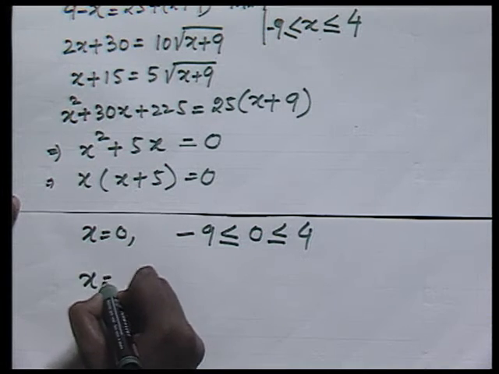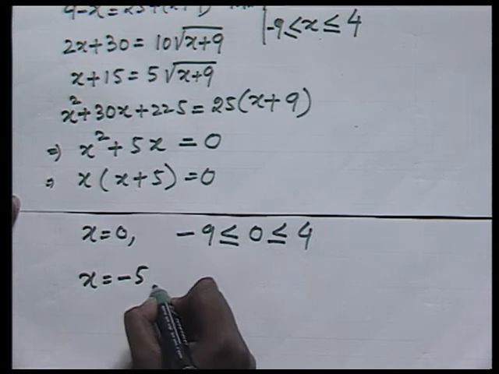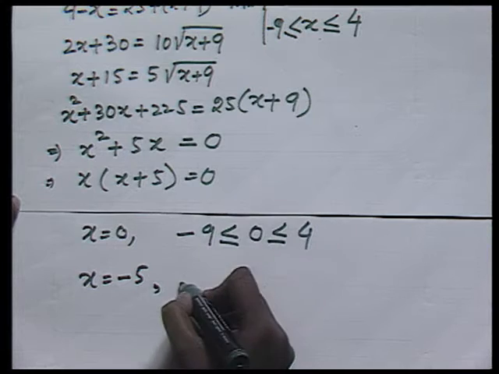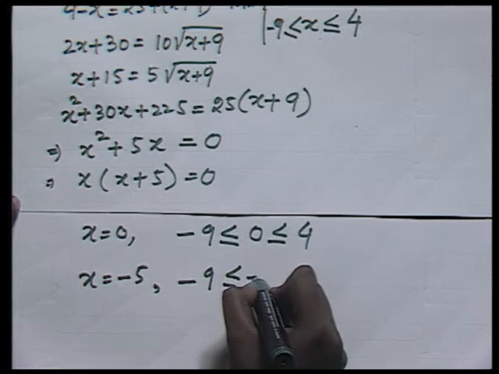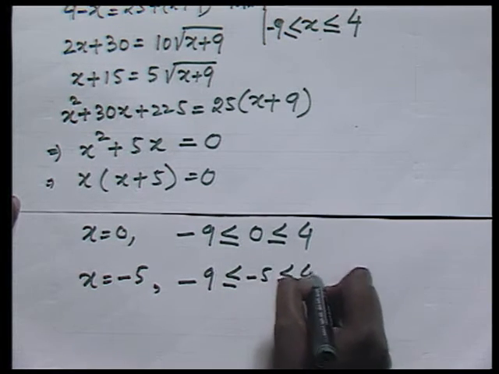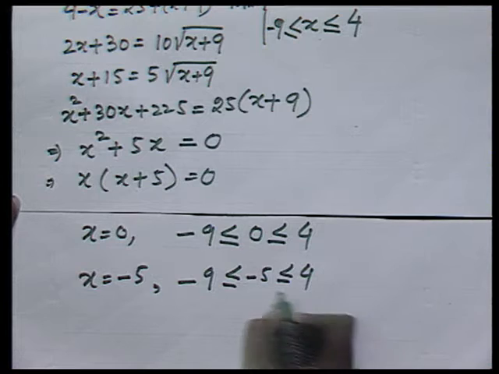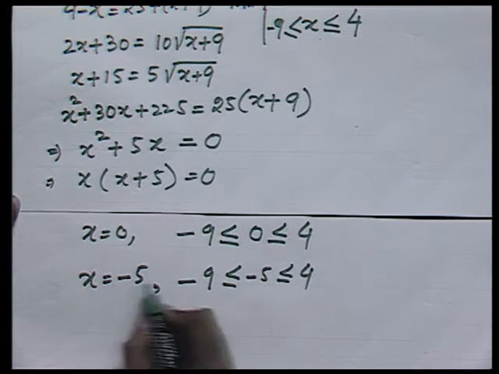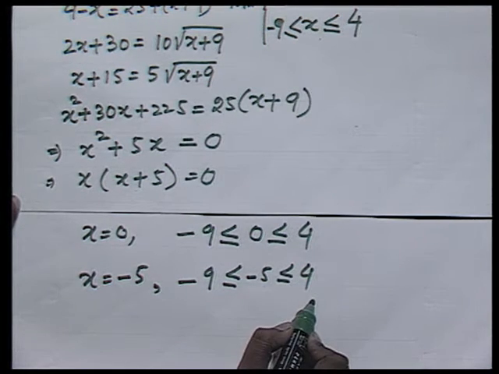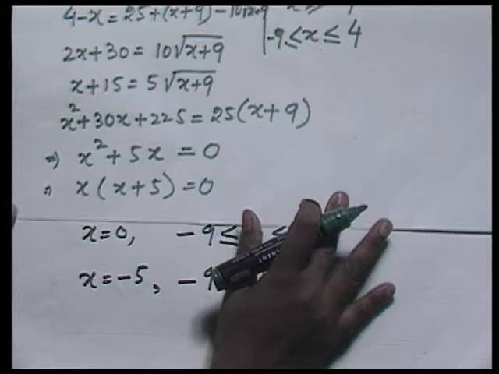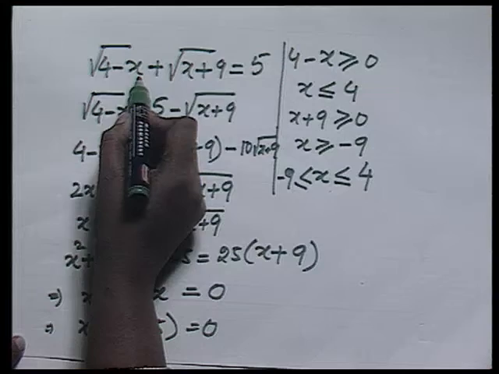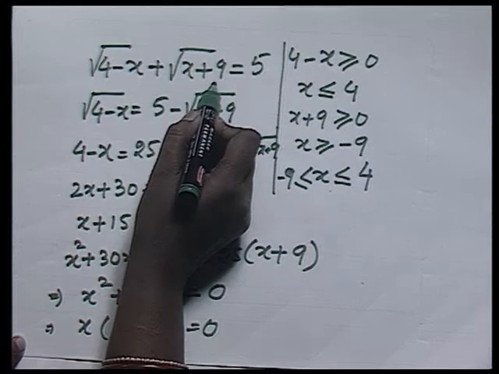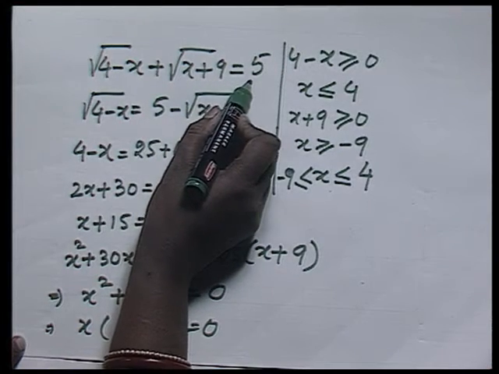Also, when x is equal to minus 5, we have minus 9 less than equal to minus 5 less than equal to 4. So, again we have x is equal to minus 5 satisfying this condition, and thus we conclude that x is equal to 0 and x is equal to minus 5 are the solutions of this equation under root of 4 minus x plus 9 under root is equal to 5.